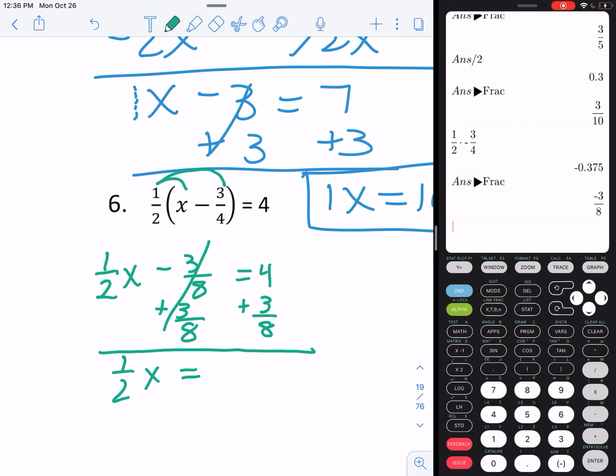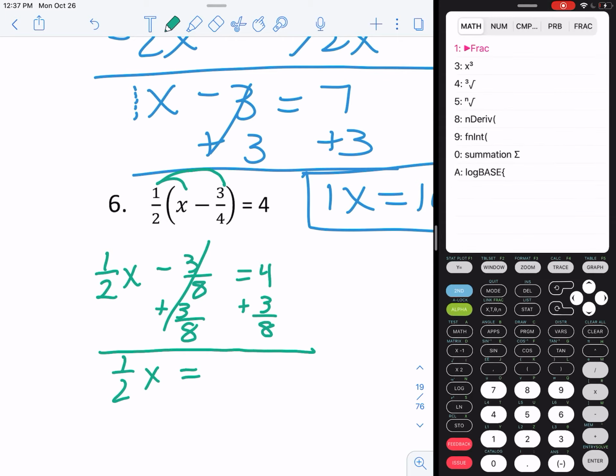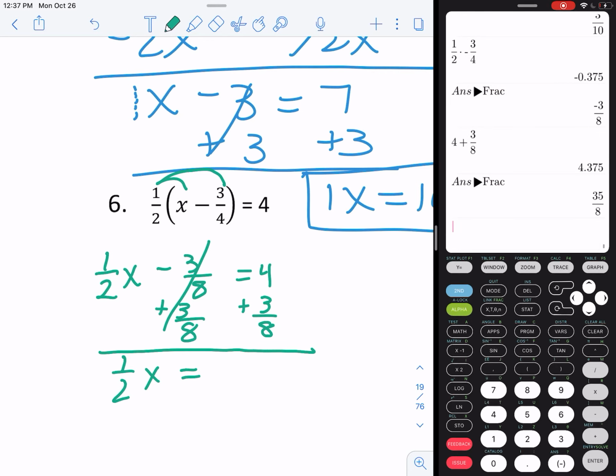So now we're going to add the 3/8 to the 4. So you're doing 4 plus, and again, to get that fraction, it's alpha y equals fraction 4 plus 3 eighths. 4.375. You could leave it as the decimal, or change it to a fraction, 35/8.